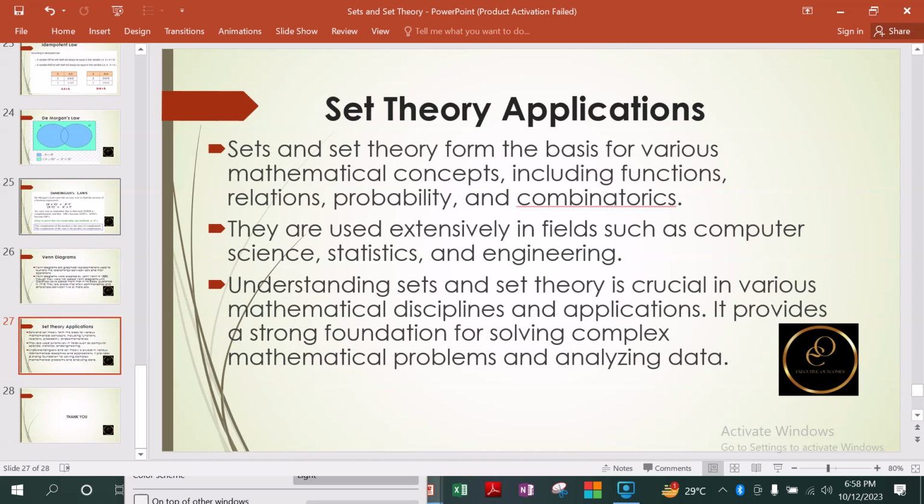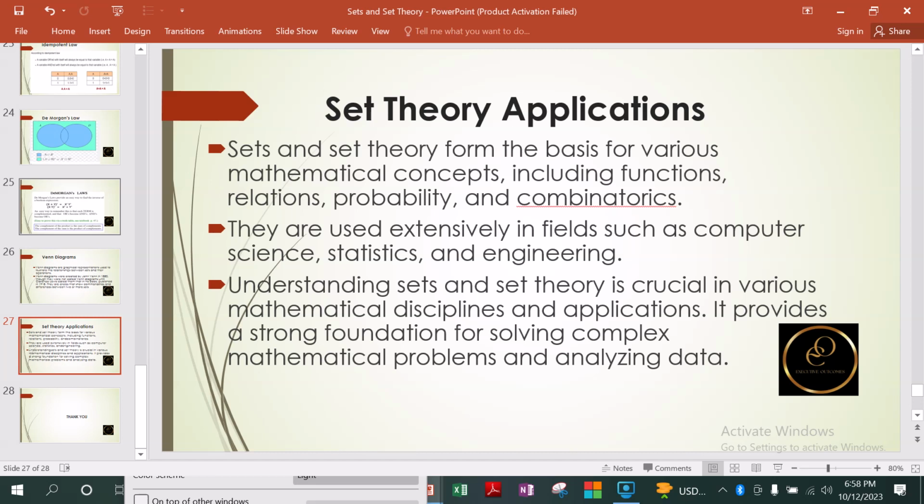Set theory is also used in probability and in combinatorics, and combinatorial functions also use set theory. We also note that set theory is extensively used in computer science, statistics, and engineering.